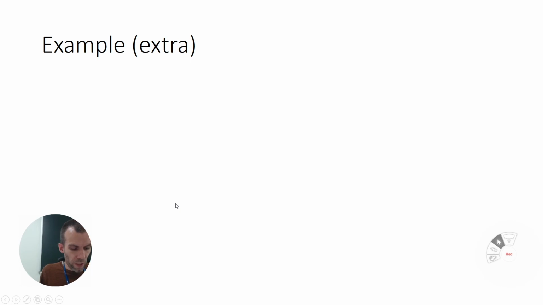Let's do an extra example just to see some different numbers in action. If you already understand synthetic division and you're comfortable with this, you can skip the rest of this video. If not, and you want to see another example worked out, then please follow along. For this example, we take p of x equal to x cubed minus 12x squared minus 42, and the divisor is x minus 3.